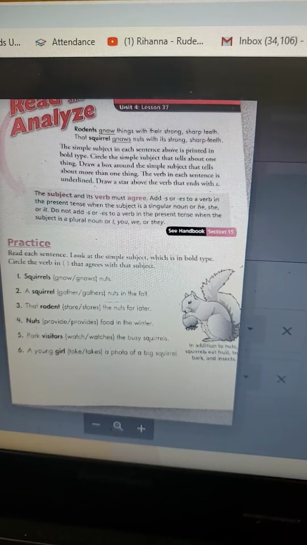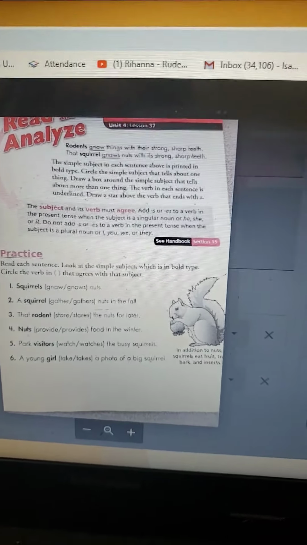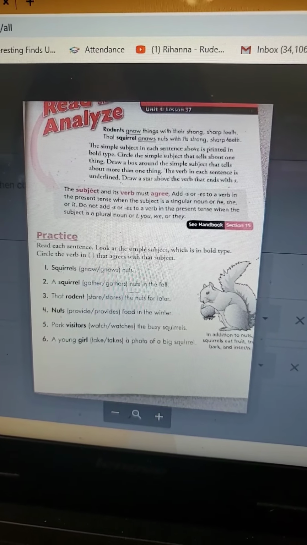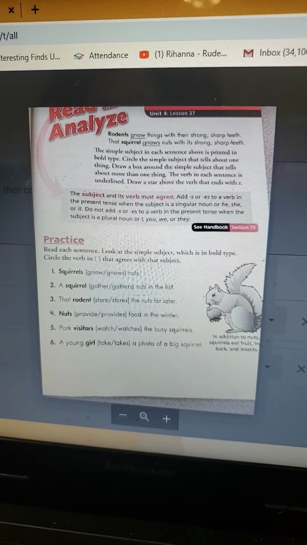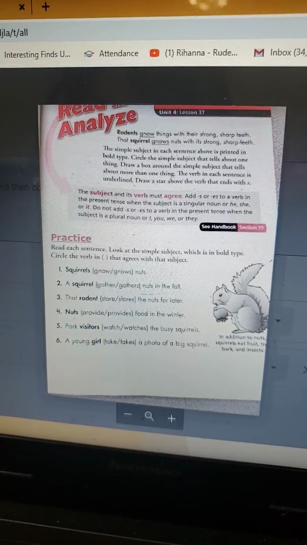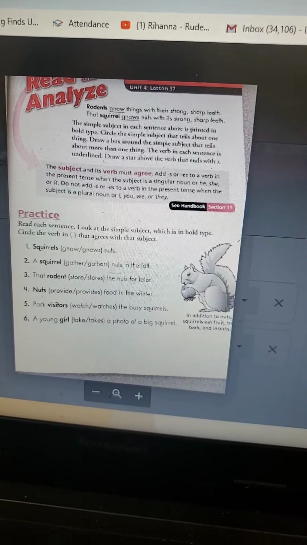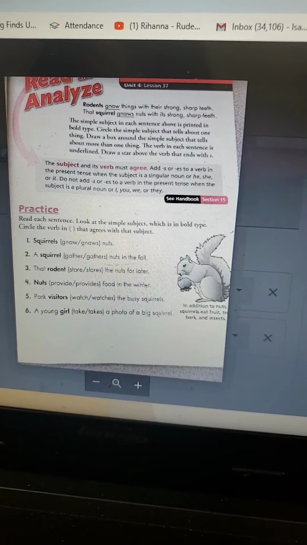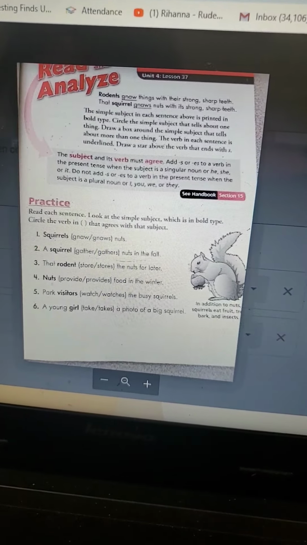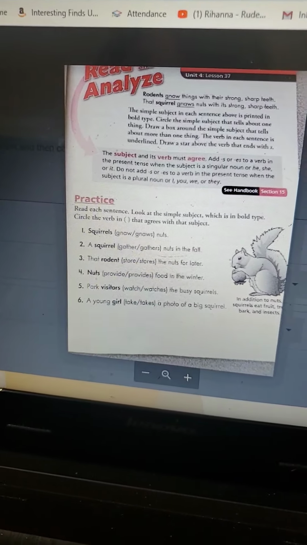Okay, so let's look at number 1. It says, squirrels gnaw or gnaws nuts. Okay, so you see how there's an S on the word squirrels? So then your answer, either gnaw or gnaws, cannot have an S. If the subject has an S, then the verb should not.